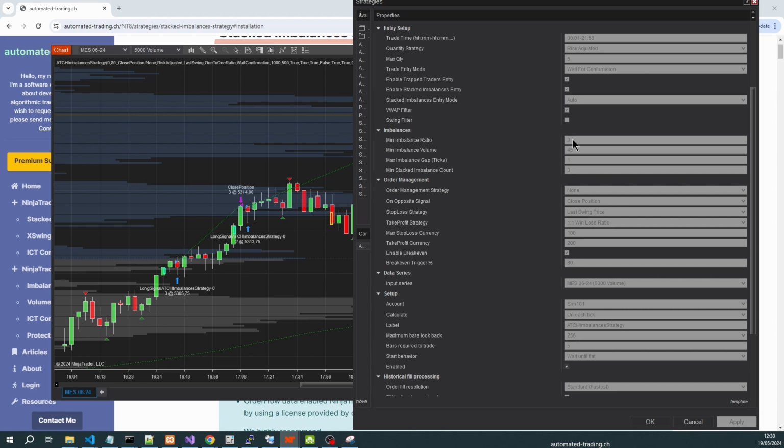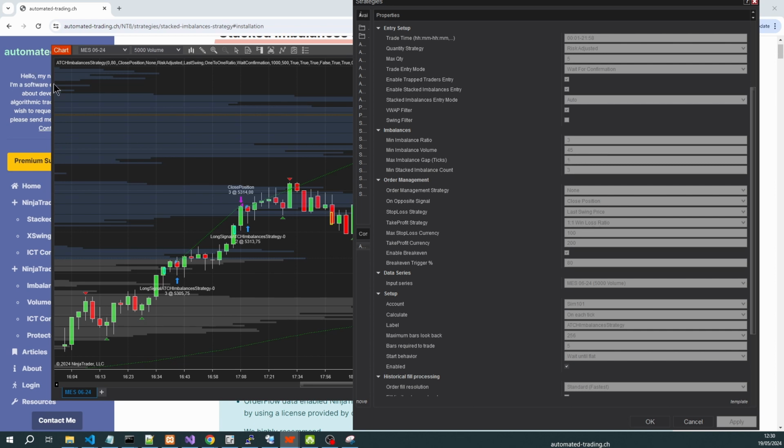Then you have the minimum imbalance volume. This volume can vary between instruments. Here, for example, we are on the micro ES. I set the volume to be 45. Of course, you can choose another value for this parameter. But if you set this to the ES, the mini ES, then the volume 45 will be very small.